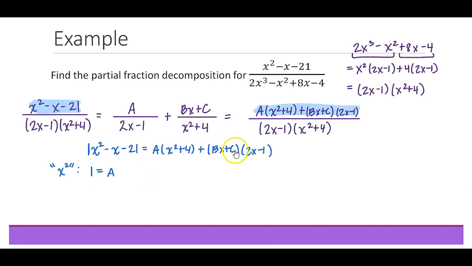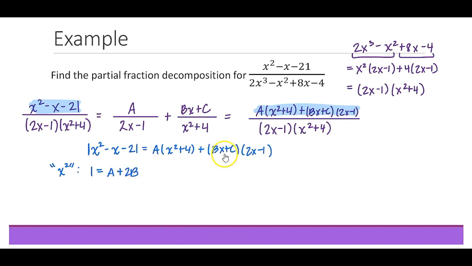Then over here on the right-hand side I'd have to distribute all this, so bx times 2x would create a 2bx squared, and then my outer would be minus bx, my inner would be plus 2cx, and my last would be minus c. So the only thing that's going to give me an x squared term is the bx times 2x. So I'd have a 2b in front of x squared, so plus 2b.